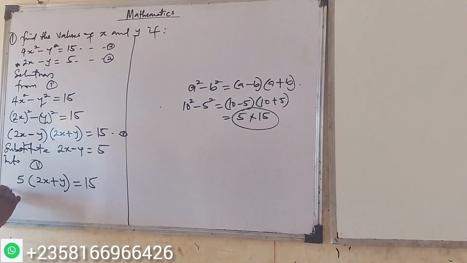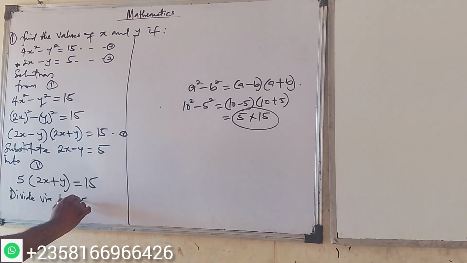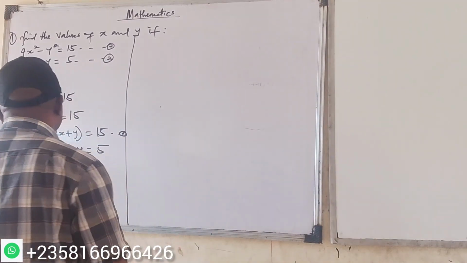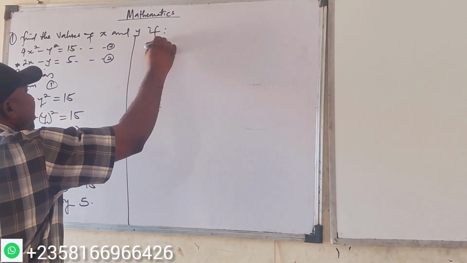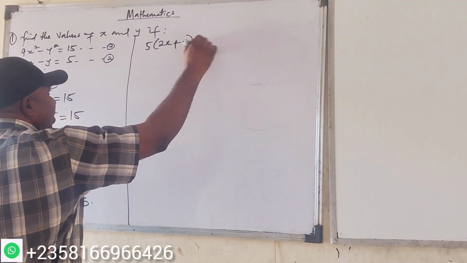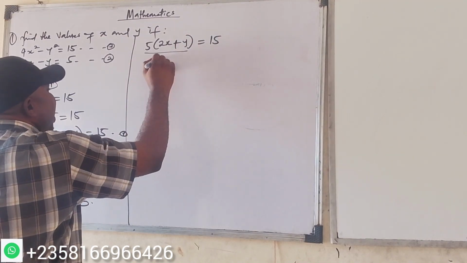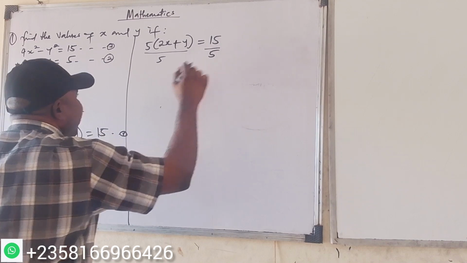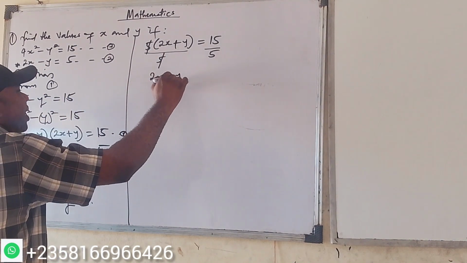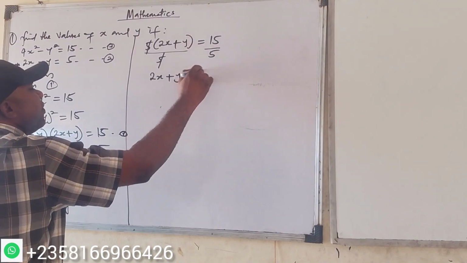At this point, let's divide both sides through by 5. Dividing through by 5, we'll be left with 2x plus y is equal to 15 divided by 5, which is 3.